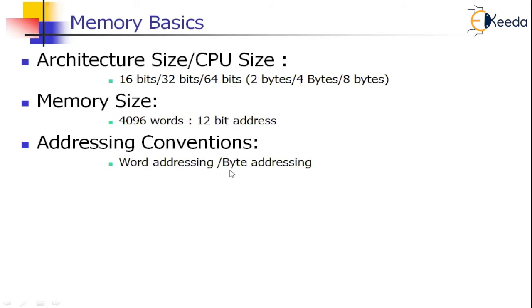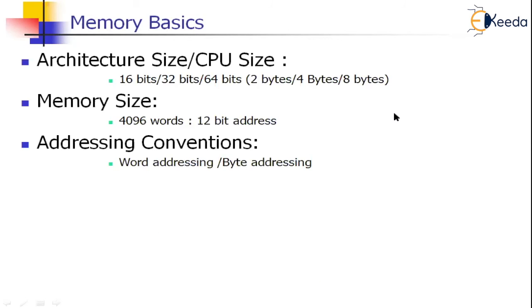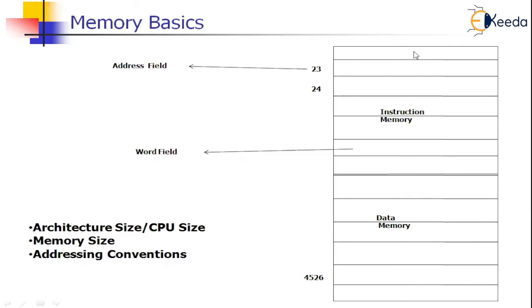Here, one word is equal to 16 bits, right? So this word part is 16 bits. This 16 bits is constructed using 2 bytes. Every word is designed with 2 bytes because 16 bits is equal to 2 bytes.